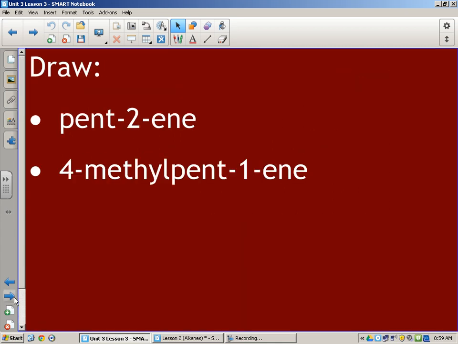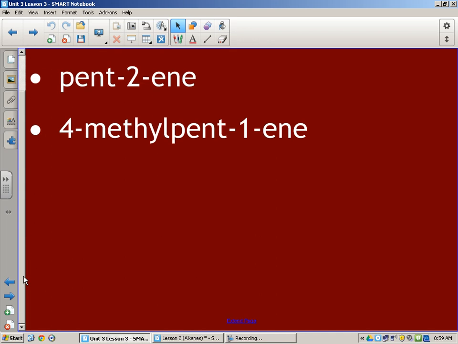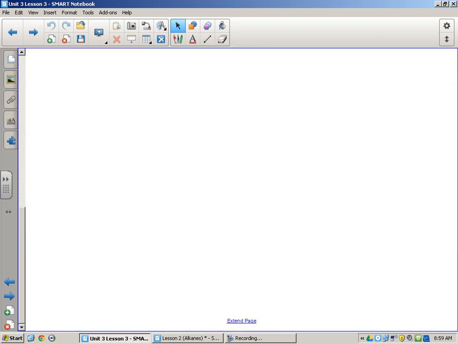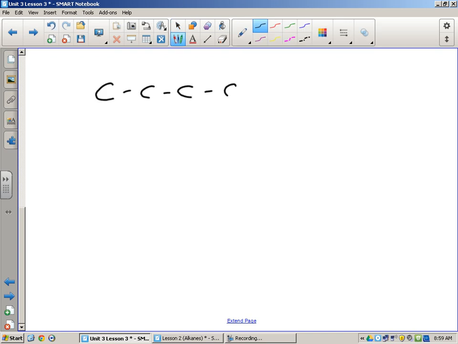So here's a couple examples that we'll do, once again, from yesterday. The first one was pent-2-ene, so I know I got 5 carbons, 1, 2, 3, 4, 5, and the 2 in front of ene is telling you where the double bond is. It's not after the first carbon, it's after this second carbon right here, so I'm going to put a double bond in there.